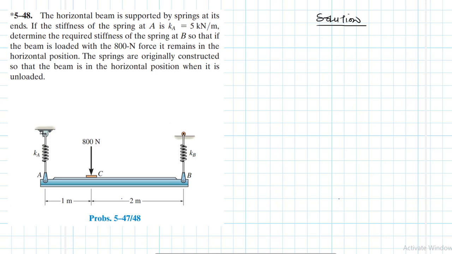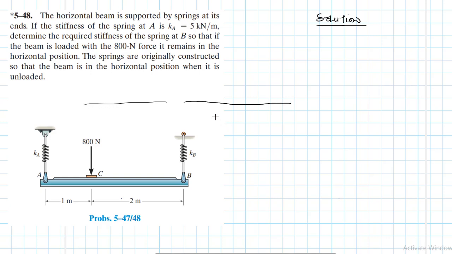So we have two springs, and these springs are designed in such a manner that when the beam is not loaded with a force or a set of forces, the beam remains horizontal. When the beam is loaded with a force or a set of forces, it again still remains horizontal.